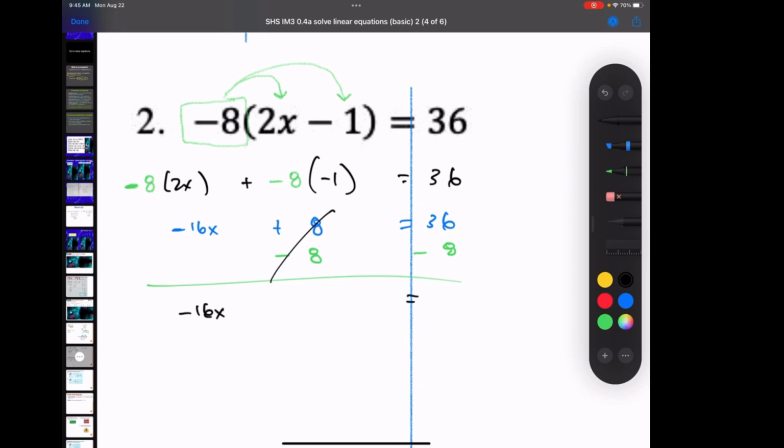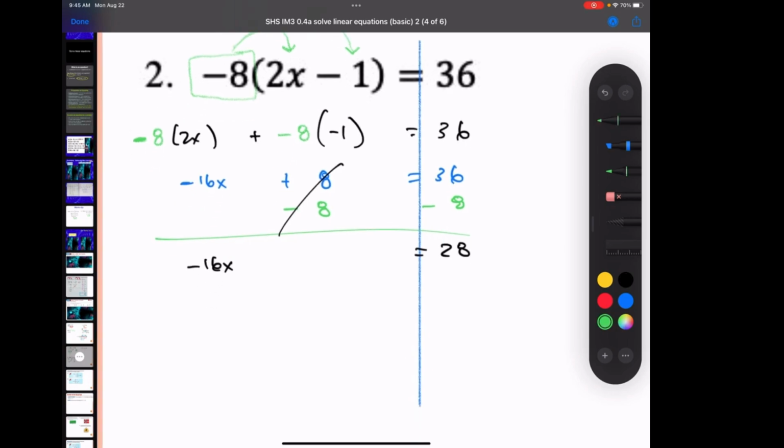And this becomes what? 28. Should I add 16 or divide negative 16? Divide, because we have multiplication.